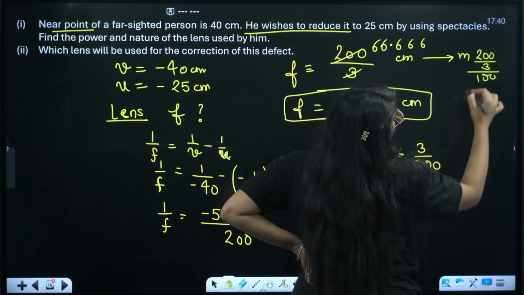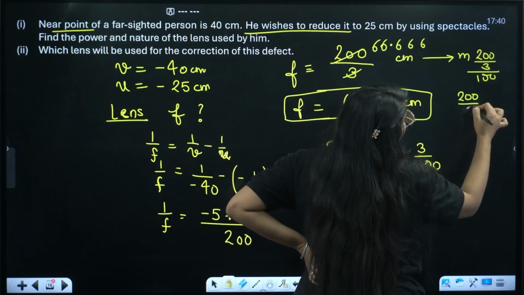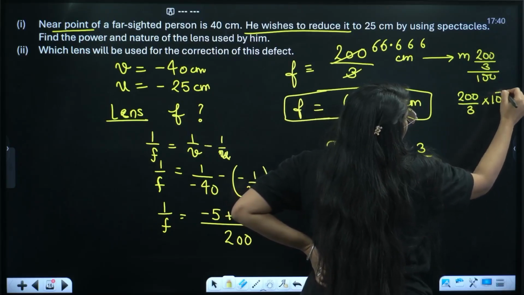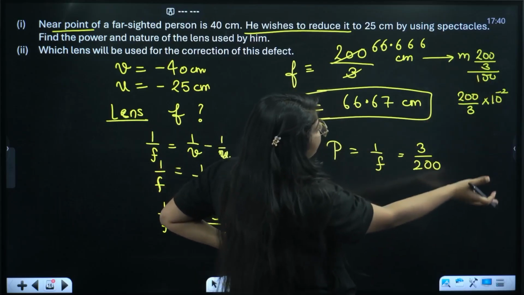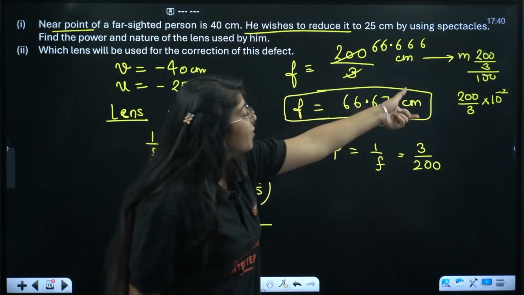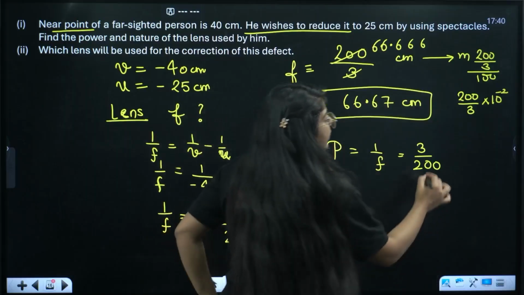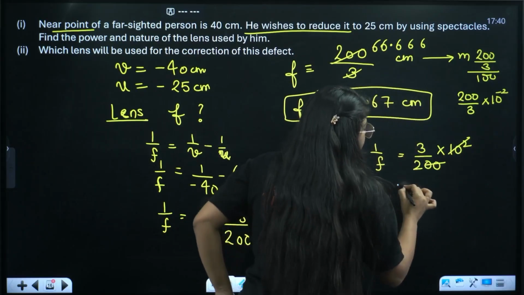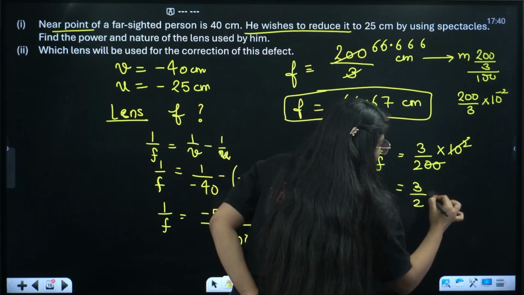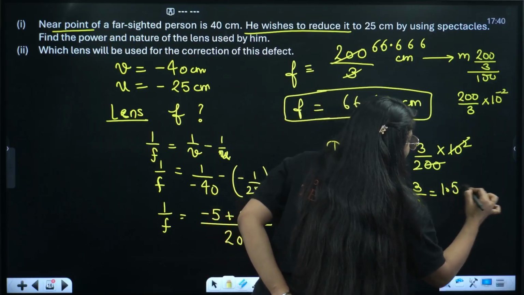So that will be 200 divided by 3 into 10 raised to power minus 2. If I flip it, that will be 3 by 200 into 10 raised to power 2. So this will cancel out. This will be 3 by 2. That will be 1.5 diopter.